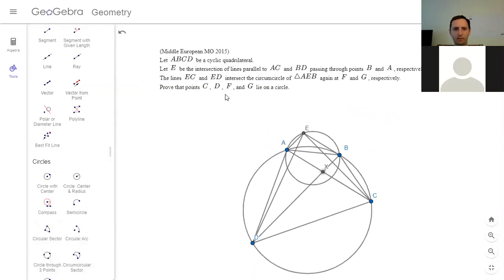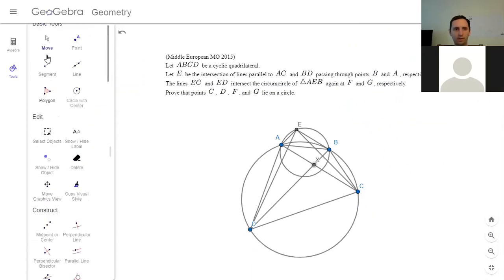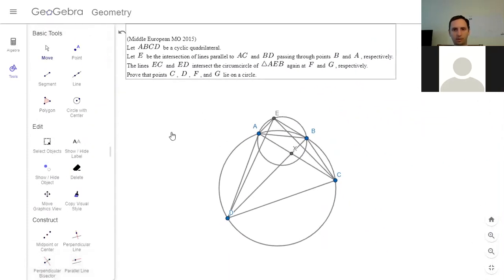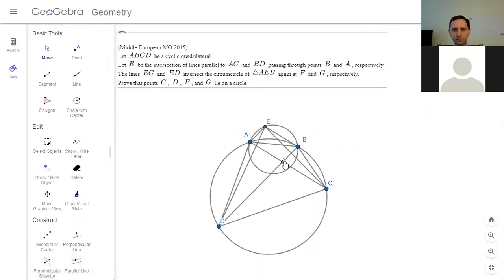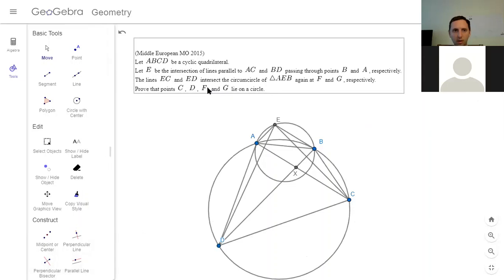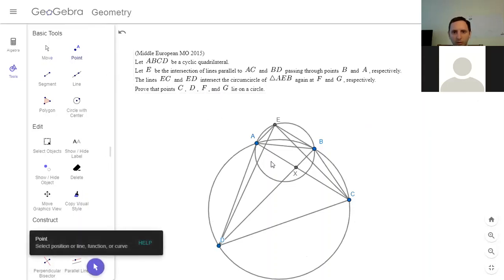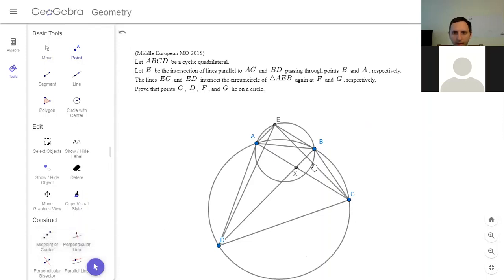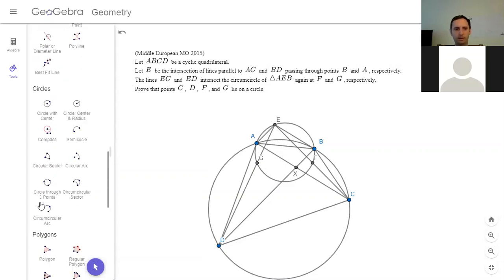So EC meets it at F and ED meets it at G. We want to show that CDFG is cyclic.